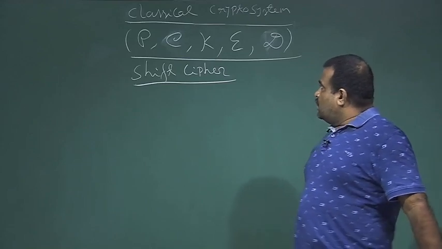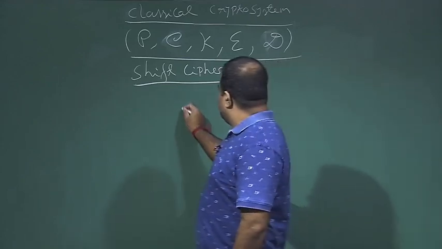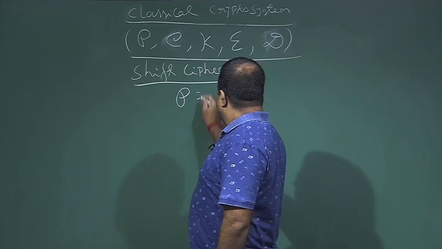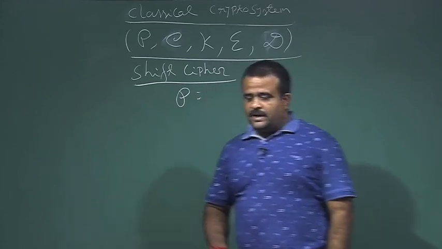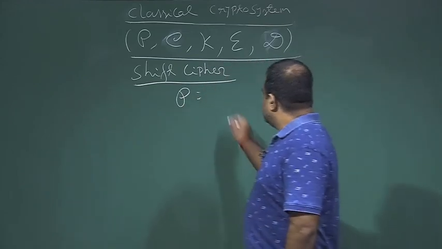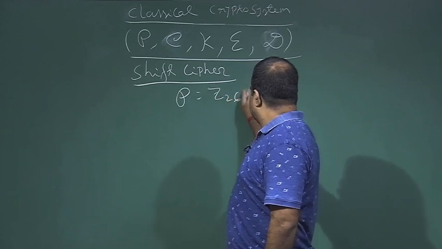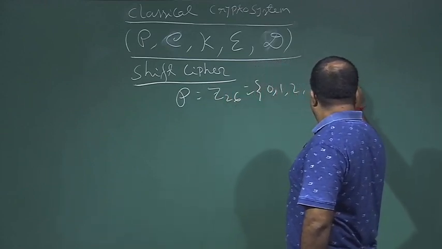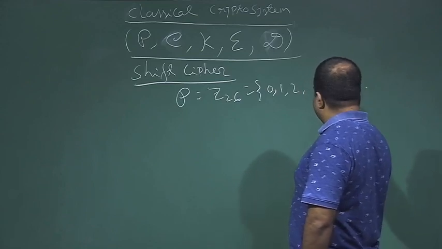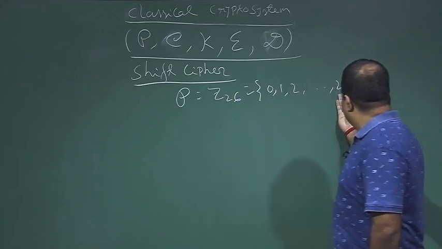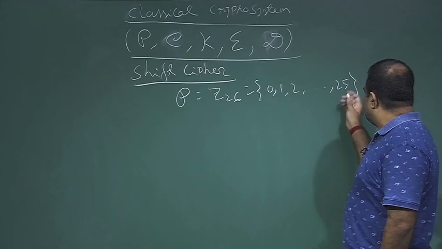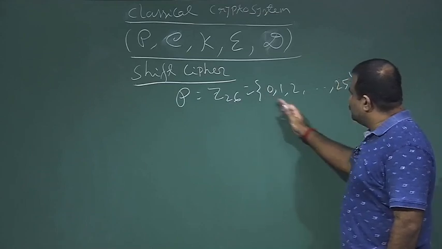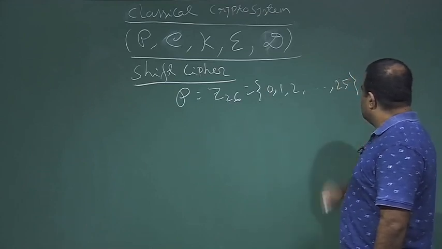Okay. So, here the plaintext space is Z26, which is basically 0 to 25. That means if you take any integer and divide it by 26, it will give us a remainder from 0 to 25.